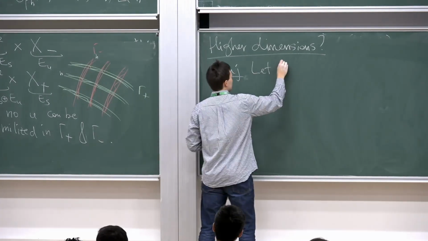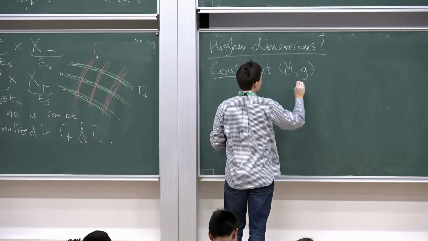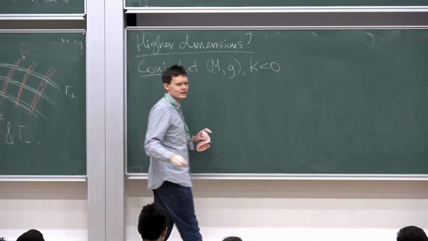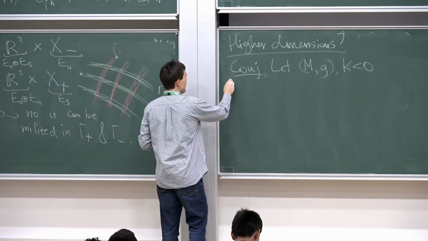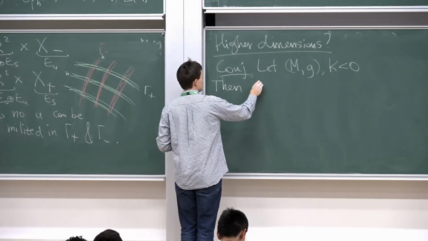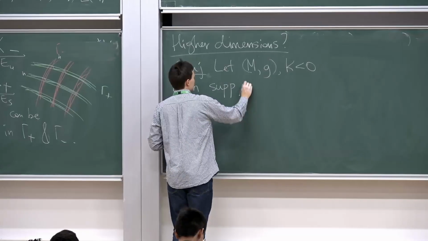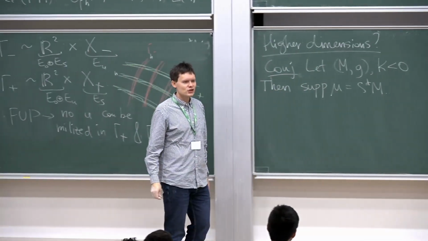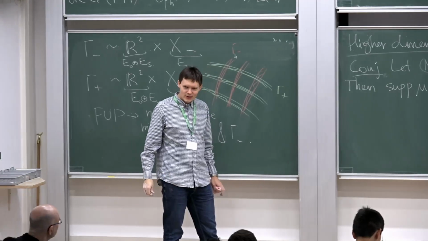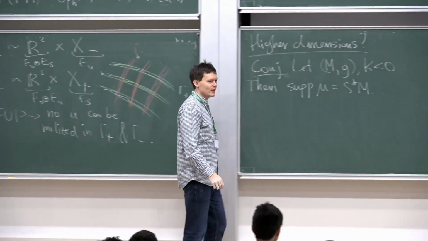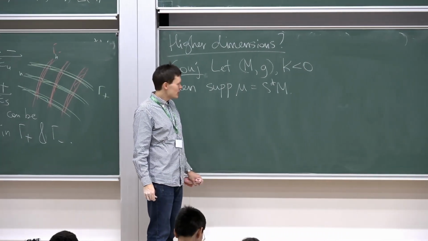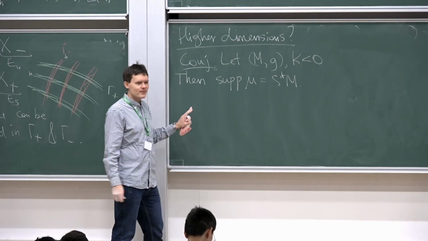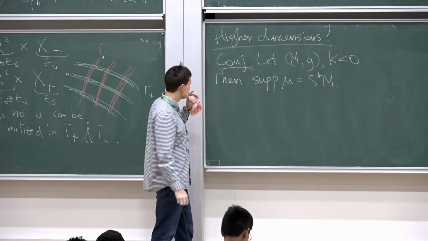I'm going to assume that (M, g) is a compact, connected, negatively curved manifold. Then the support of each semiclassical measure is S*M. All right, so that's my conjecture. Each semiclassical measure has full support. Good luck disproving it. Or good luck proving it. We don't know how to prove or disprove this conjecture. But we have some partial results, and that's what I'll present.